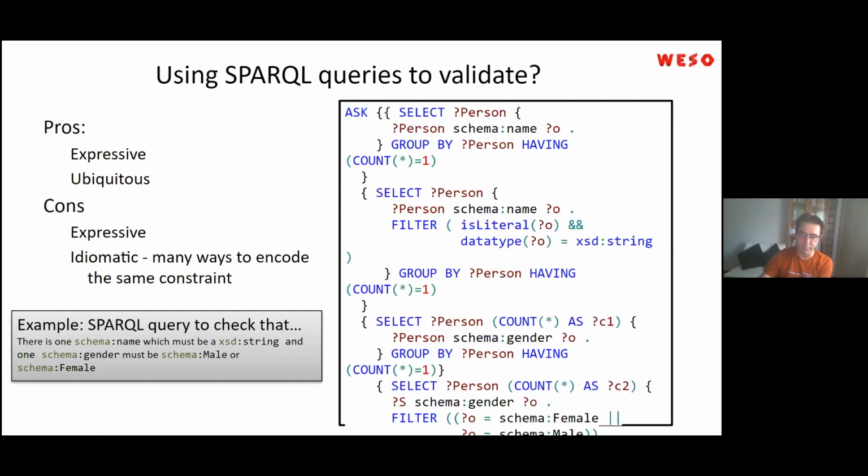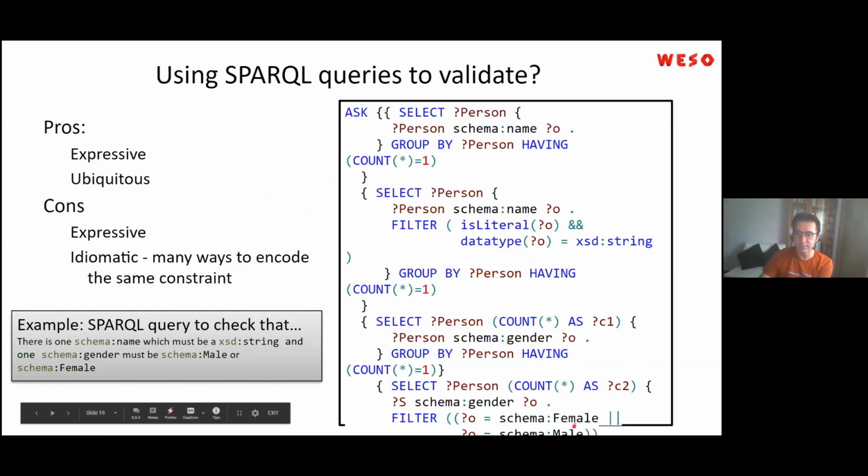So this is an example of such a SPARQL query. It's not very well edited, but this is a similar SPARQL query that validates the ShEx schema that I was using as an example before. This is not the same, because I notice now that this is validating that you have a name which is a string, and you have the gender.